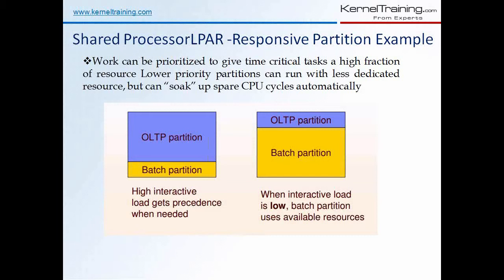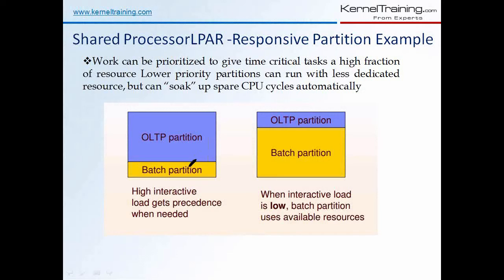When interactive load is low, the batch partition uses available resources. So there are two partitions here, the OLTP partition and the batch partition. What is happening here? Suddenly the OLTP partition requires more CPU cycles, so automatically it gets more CPU cycles.